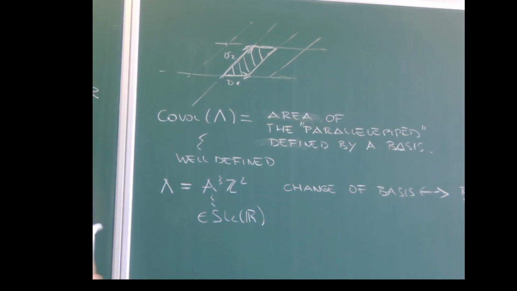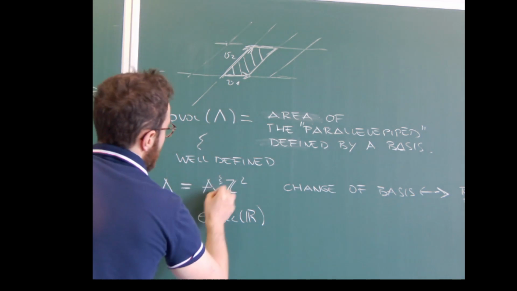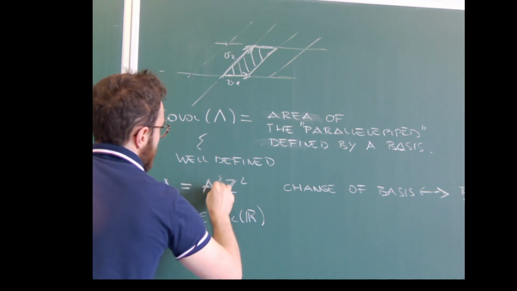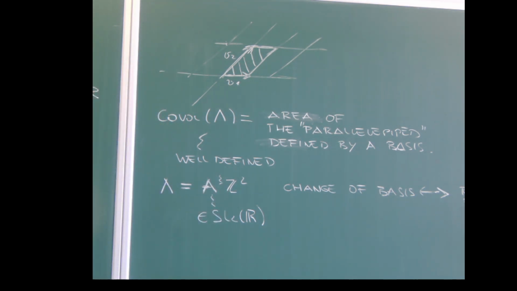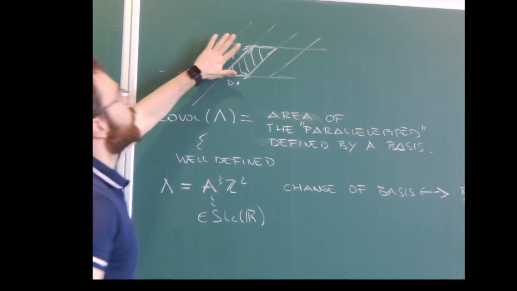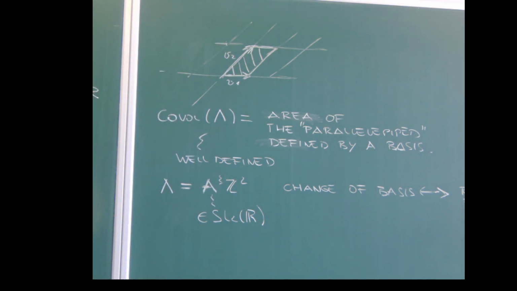But of course this doesn't change the volume, right? Because the volume is the determinant of A, and you multiply A by a matrix of determinant 1. So this is clearly well defined.